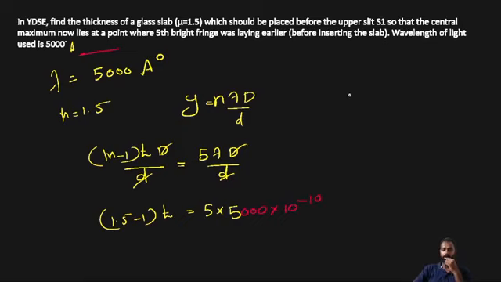Angstrom to meter conversion: just multiply by 10 to the power minus 10.